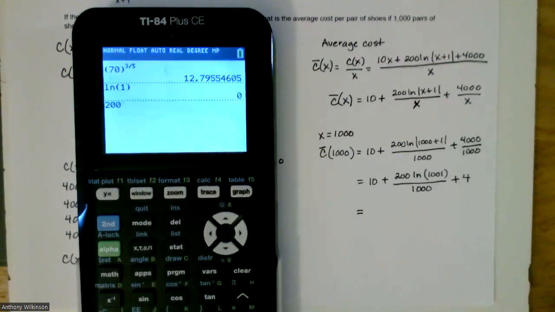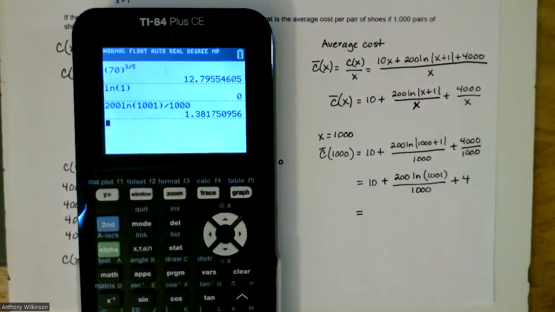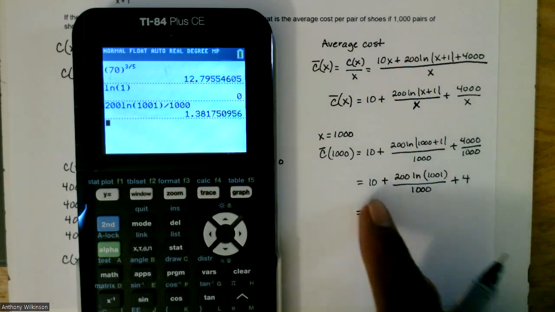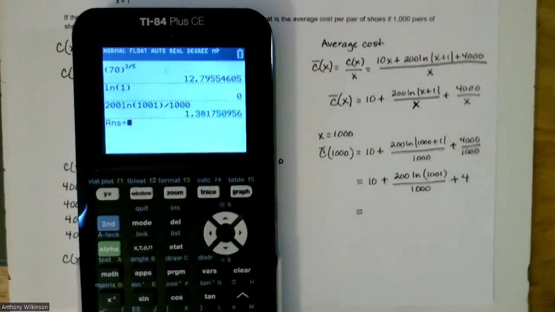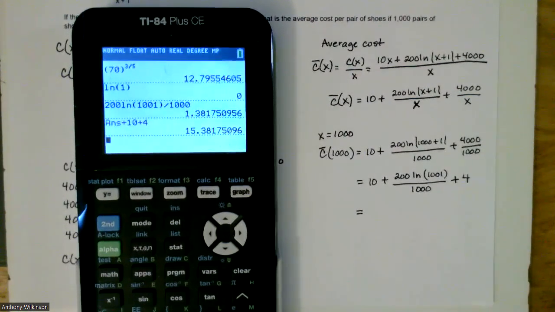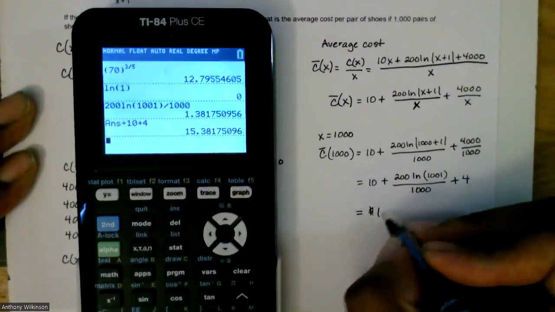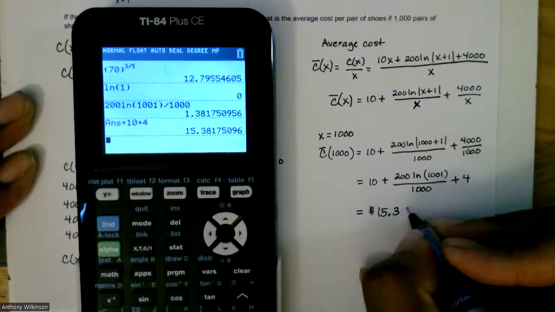So it'll be 200, press the ln key, 1,001, close parentheses, divided by 1,000. Okay. Then I'm going to add 10 and 4 together. So it'll be plus 10 and then plus 4. To 2 decimal places, this will be approximately $15.38.